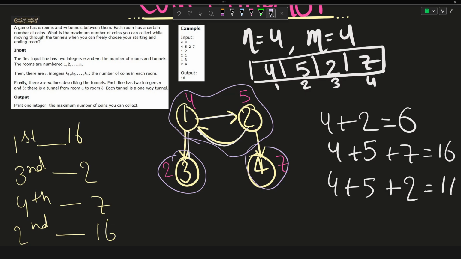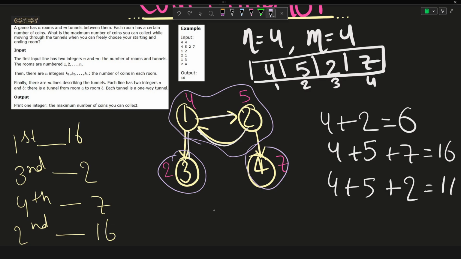So if we started from the first room, then whatever nodes are present along with this one in this component as a strongly connected component, we will also be able to visit those rooms also. And after collecting the coins from this component, we had 2 options, like we can either move to this component or to this component, that is the third room or the fourth room.